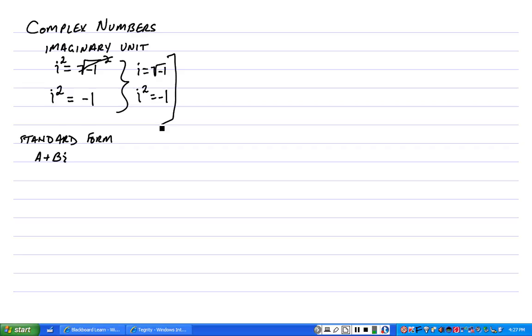Let's say we had (4 + 7i) + (1 - 6i). If you can remember back to the work we did in polynomials, this is really nothing more than how we did polynomial addition and subtraction.